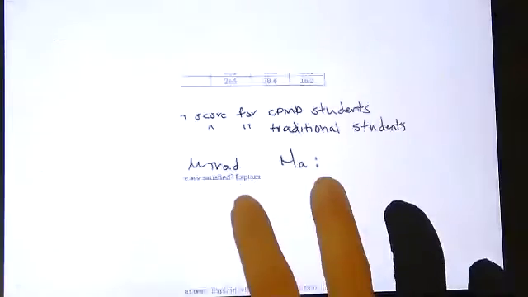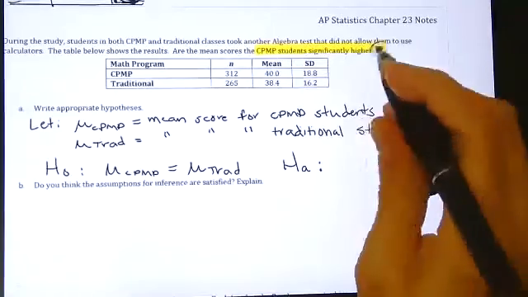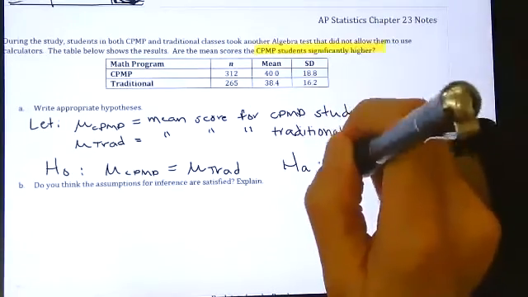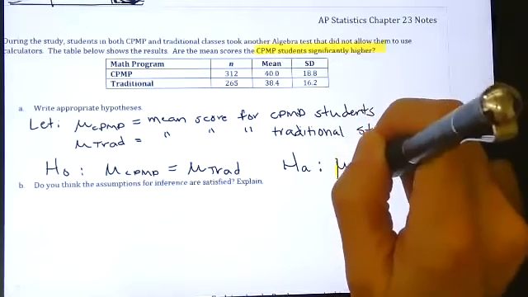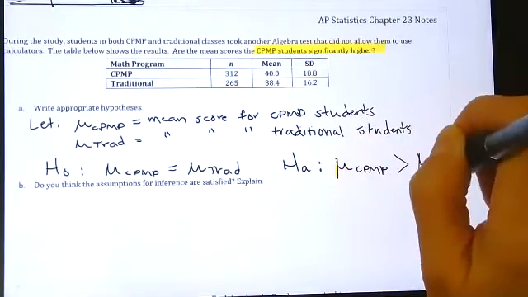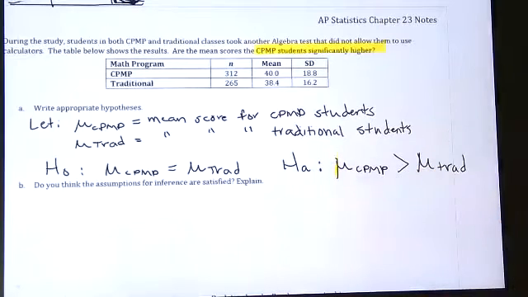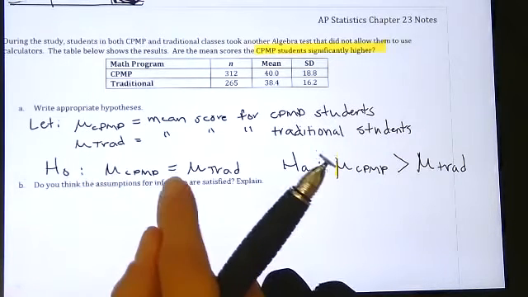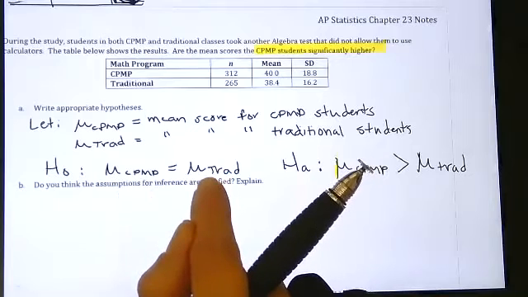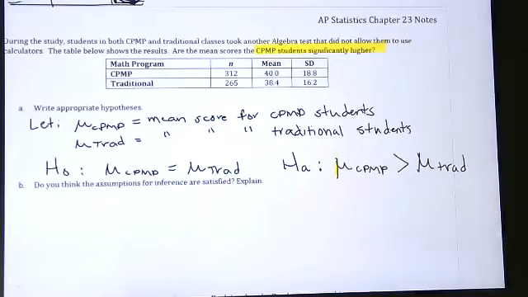Okay, we're looking to see whether the CPMP students score higher. So the mean for the CPMP, are they higher than the mean for the traditional students? So something like that. Tell me what symbols you're using, and then use those symbols to create your null and alternative hypotheses. If you don't want to write equals like this, you can do this minus this equals 0. It's the same thing. Okay.